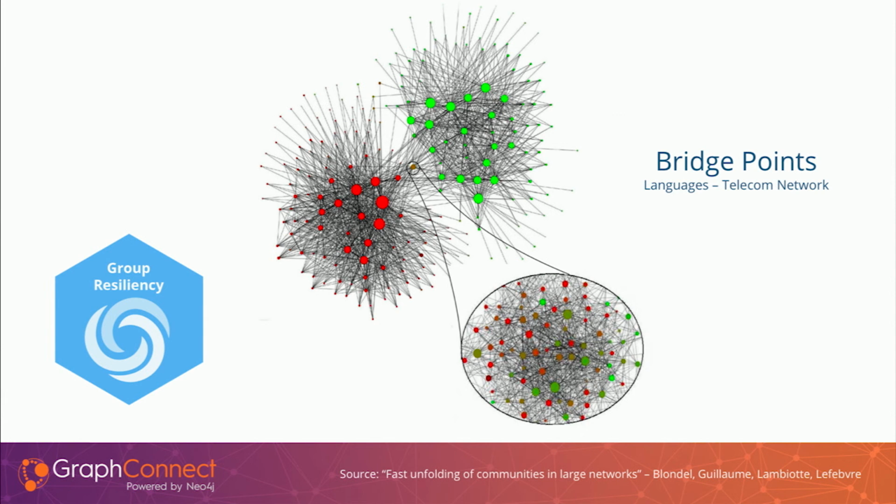The first thing you notice is there's a lot of call volume going between each group within their group. And they saw this throughout their network, that there was an affinity by language, except for this one little cluster in the middle that's a bridge. That bridge cluster has communication mostly going in between the different groups, but not by language. So they didn't see a cluster by language within that node. So it's a really interesting bridge.